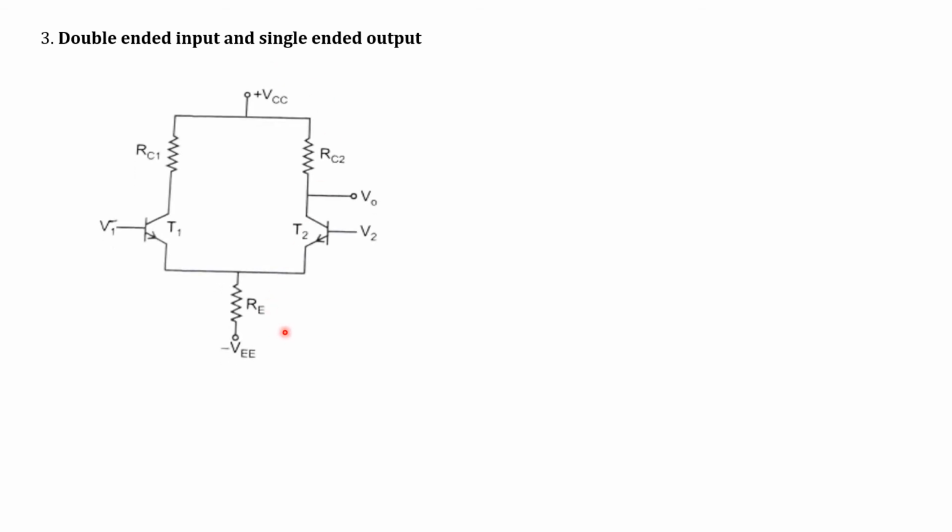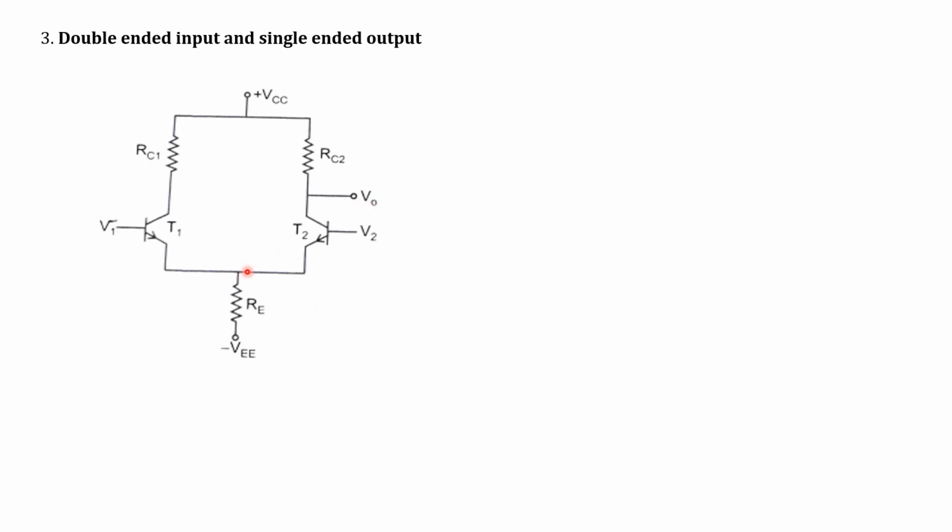This is another type of differential amplifier: double-ended input and single-ended output. It has two inputs, but output is taken at one of the collectors. Therefore, it is a single-ended output.